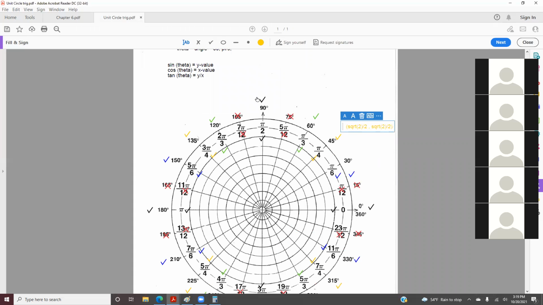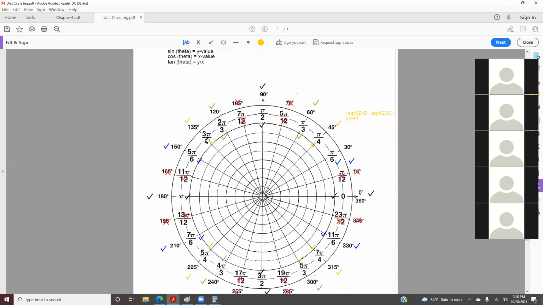That means that for the sine 45 degrees, it is root 2 over 2, cosine root 2 over 2. And I'm going to put one more. If you take y over x, this is exactly 1. And this is for tangent. Okay. So this is for your x value, this is for your y value. And so this is for 45 degrees. So the one that corresponds to 45 degrees or pi over 4 is 135.